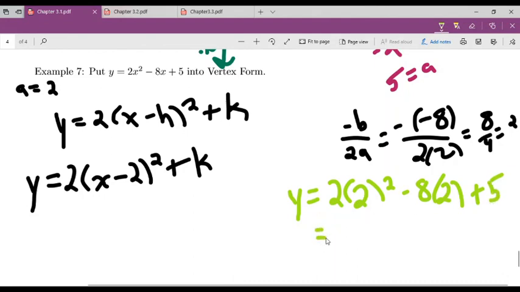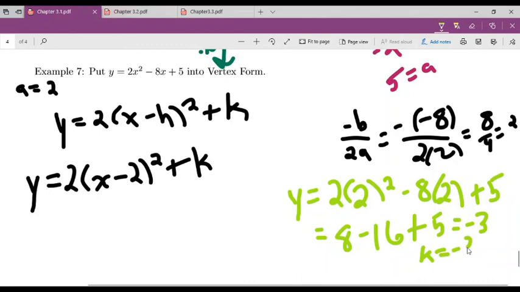Now simplify it, because 2 squared is 4 times 2 is 8. 8 times 2 is 16. And then we got a plus 5. So if we simplify this out, let's see what we get. 8 minus 16 is negative 8. And negative 8 plus 5 is what? Negative 3. So our k equals negative 3.